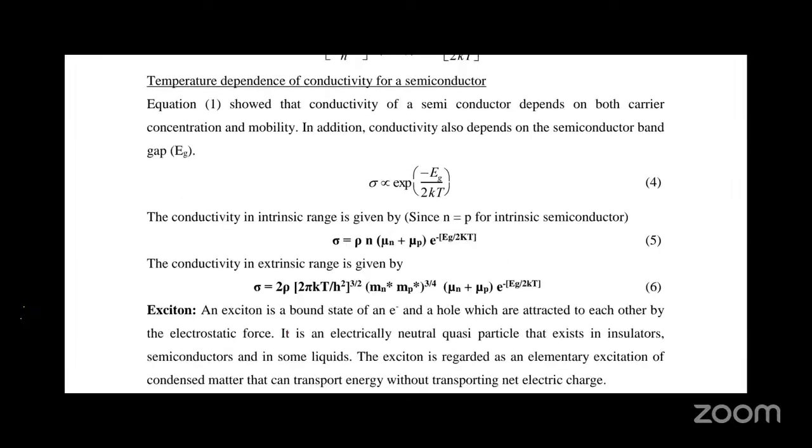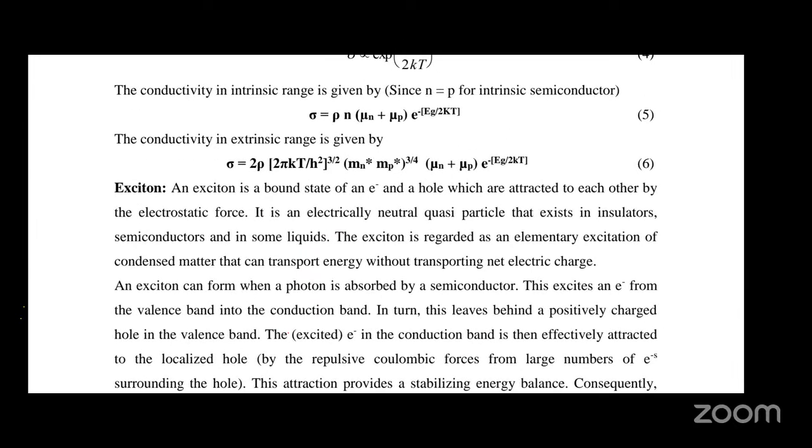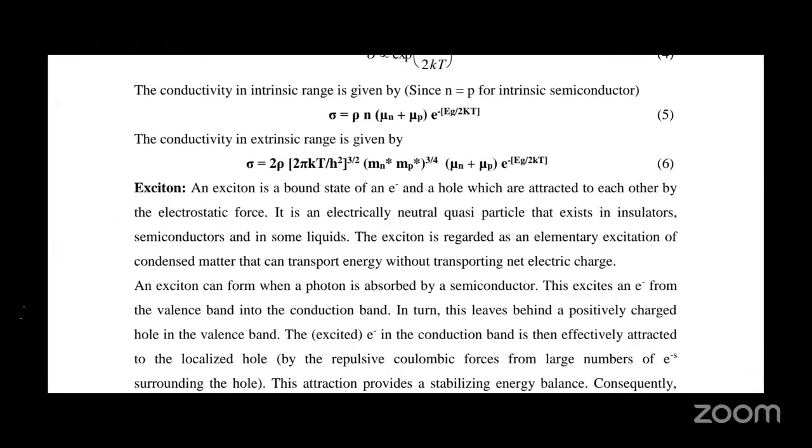Therefore, here we have to discuss a small topic, that is excitons. So, what is meant by excitons? An exciton is a bound state of an electron and a hole which are attracted to each other by the electrostatic force.